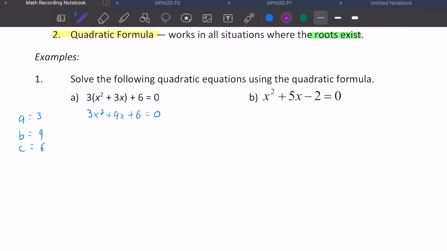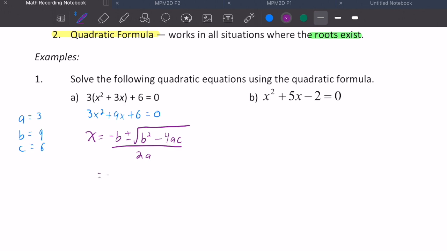Next, always write out the quadratic formula, which is x equals negative b plus or minus the square root of b squared minus 4ac, all over 2a. Our next step is to sub in the information that we know.